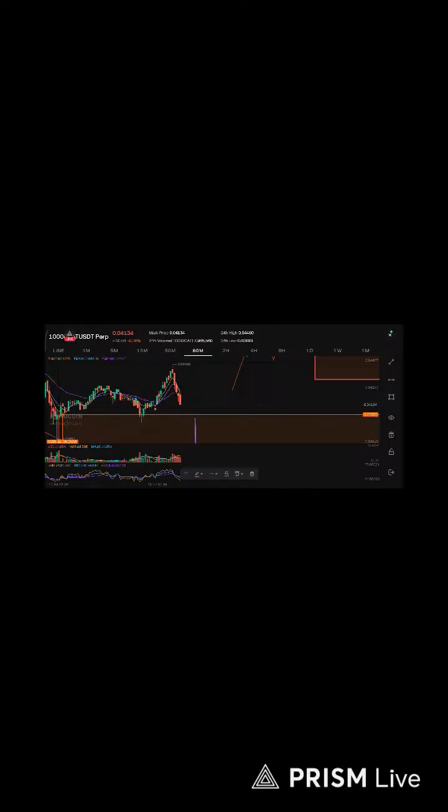Indecision. So the market right now is consolidating. Like I said earlier, if you are a good sniper, you would have sniped from 0.004 to where you take profit.